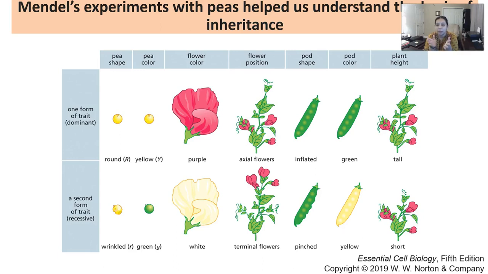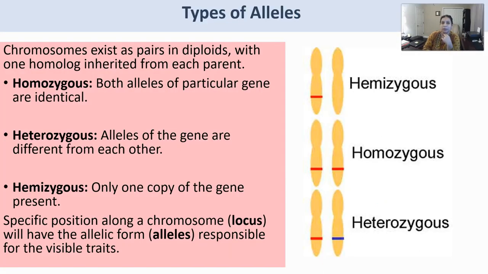So there were 7 traits that he focused on. Those were pea shape. These are pea plants. Pea shape, pea color, flower position, the shape of the pods that the peas were in, the pod color itself, and then whether the plants were tall or short. And so that's what he started with.